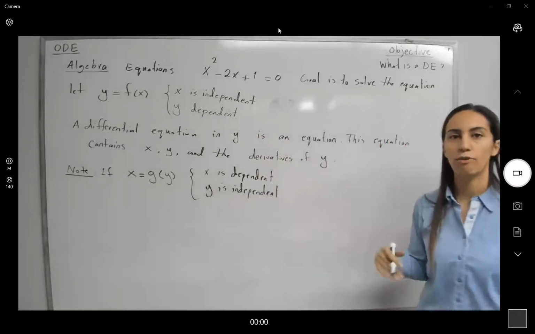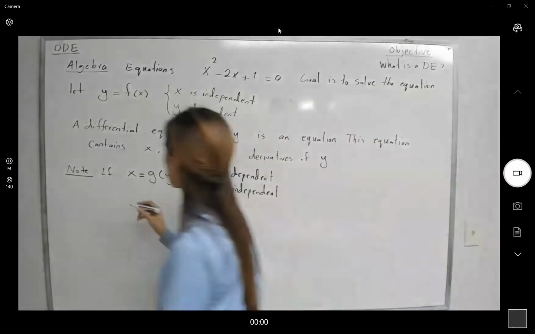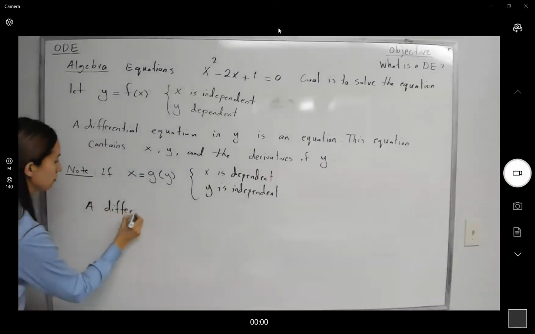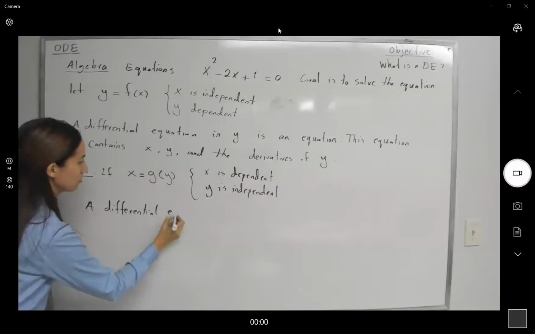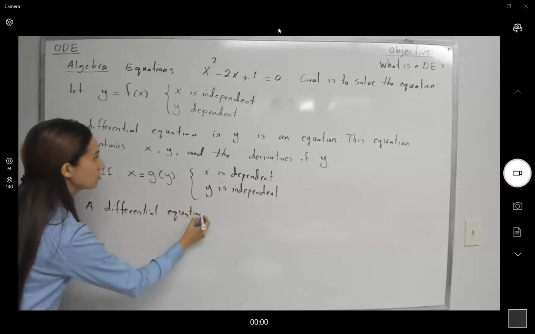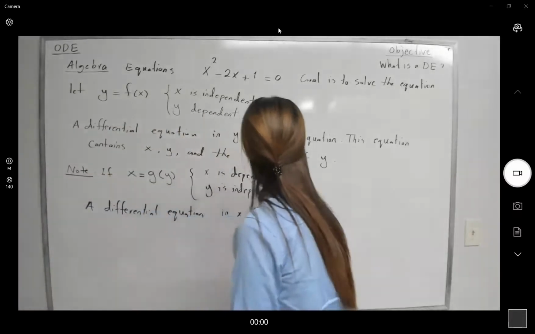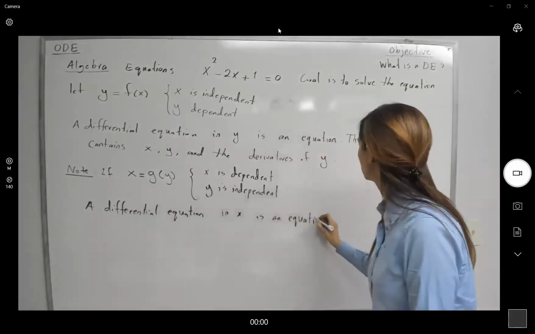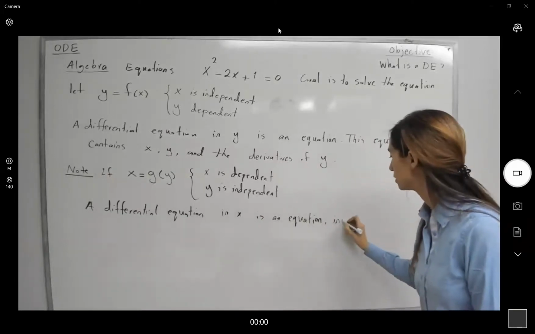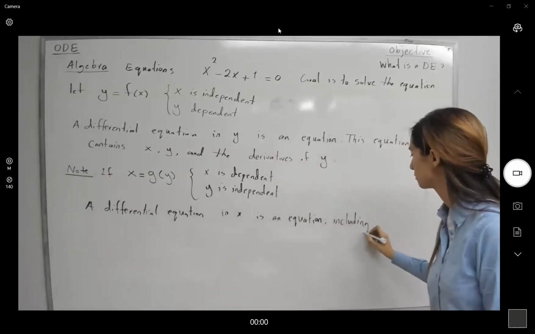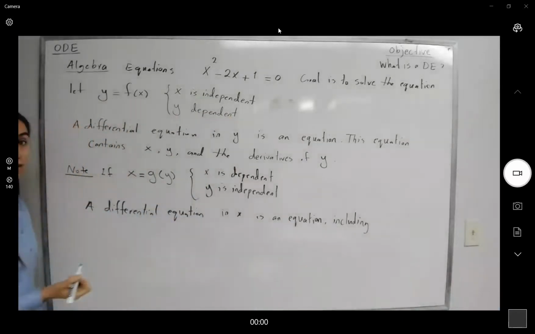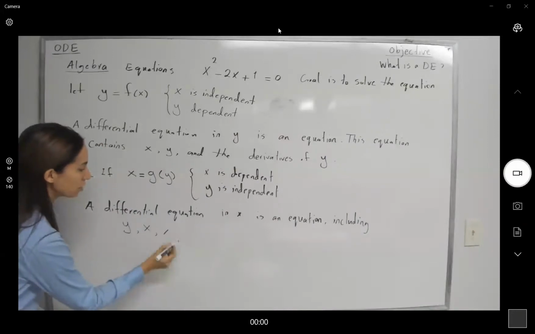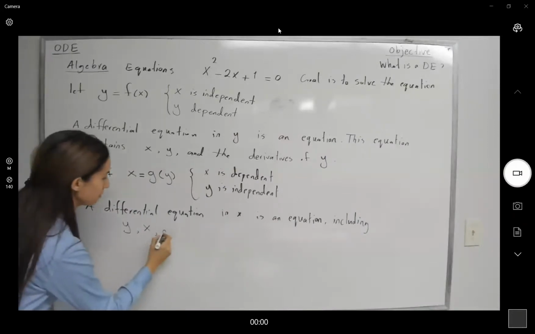Then how do we define differential equation in x? A differential equation in x is an equation containing, well, in this case, you have your y, x, and the derivatives of x.